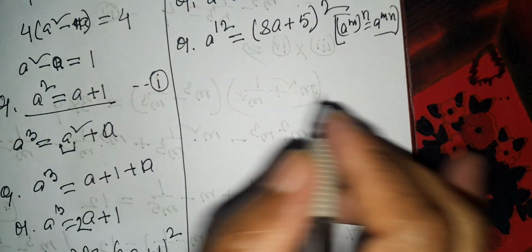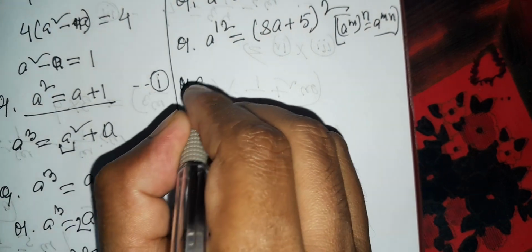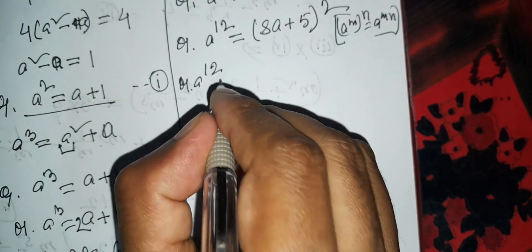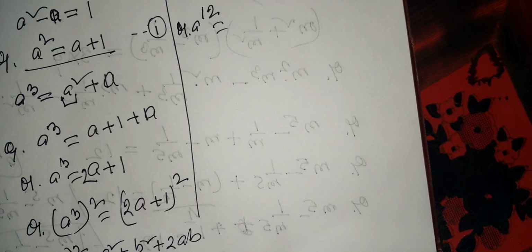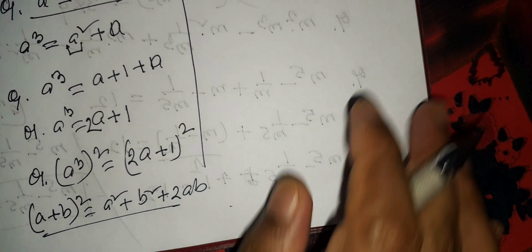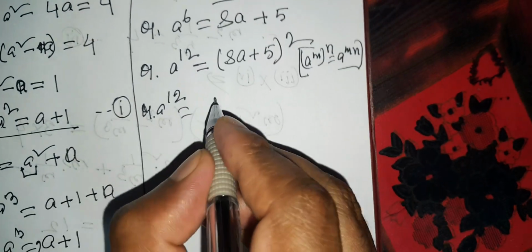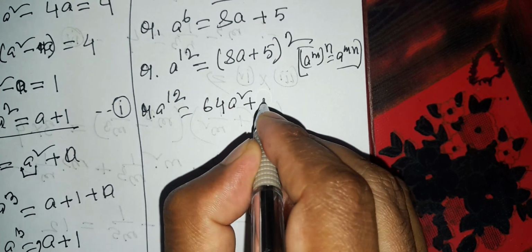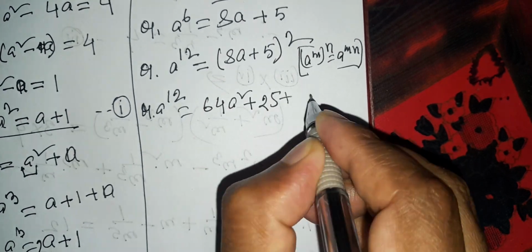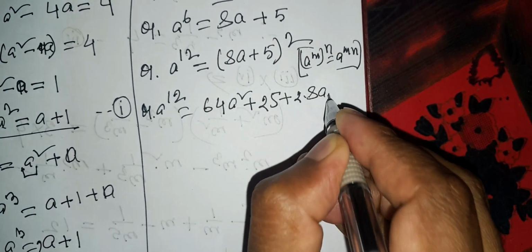Now we use (a plus b) all square is equal to a square plus b square plus 2ab, so we write 64a square plus 25 plus 2 into 8a into 5.